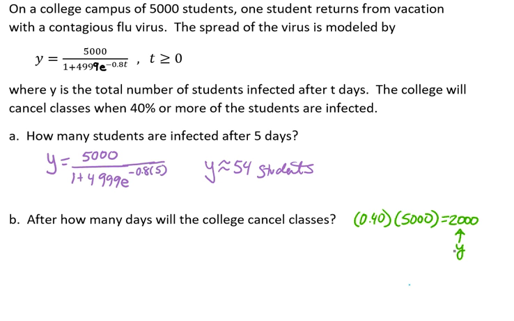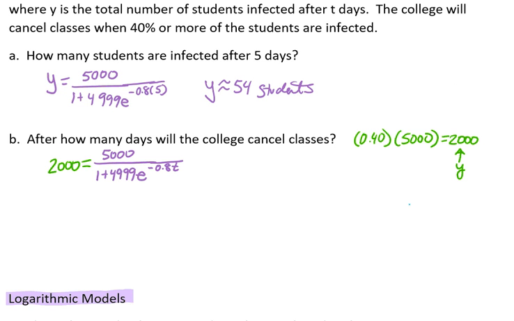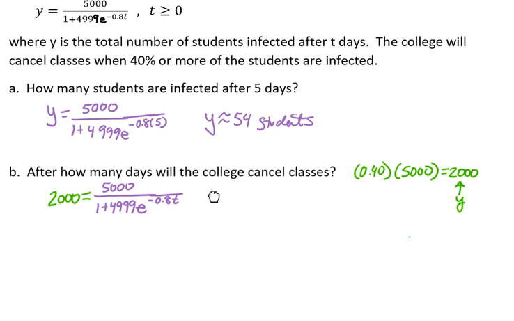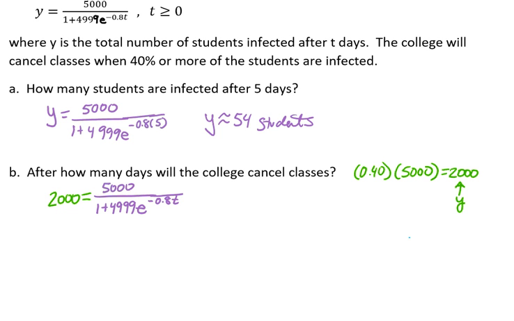So if 2,000 students have gotten sick, the college will cancel classes. We're going to plug our 2,000 in for our y. So here we have 2,000 equals 5,000 divided by 1 plus 4,999 times e raised to the negative 0.8 t.